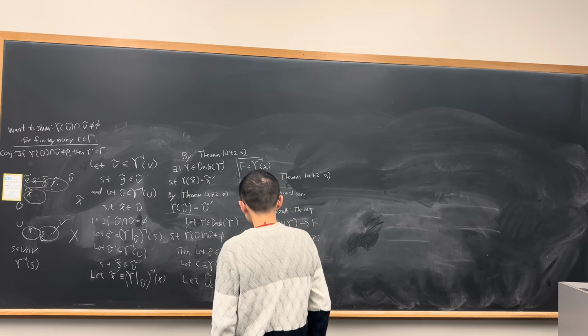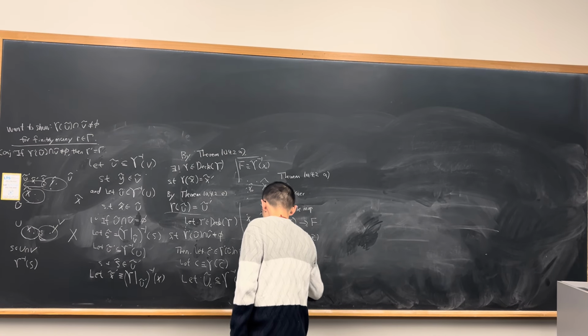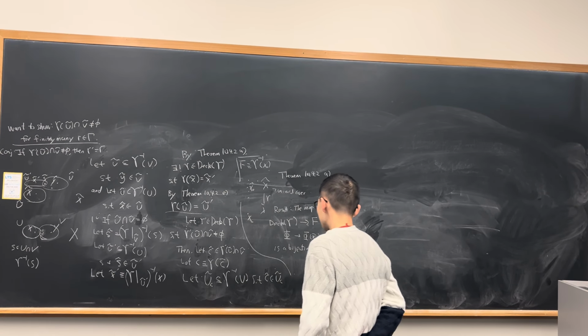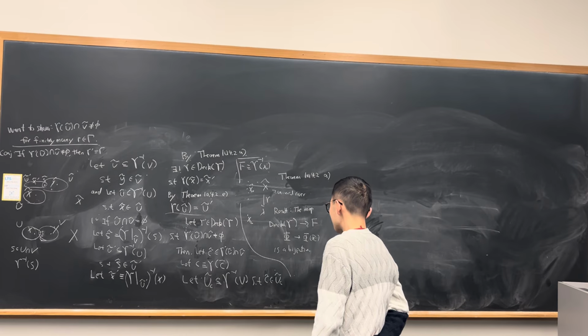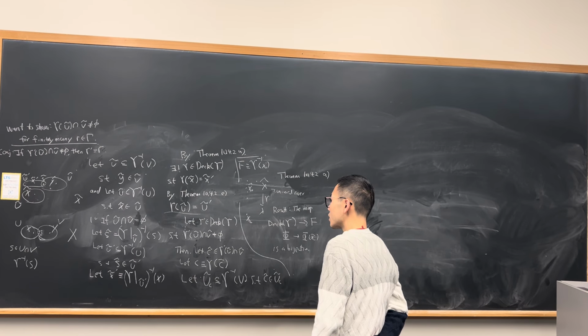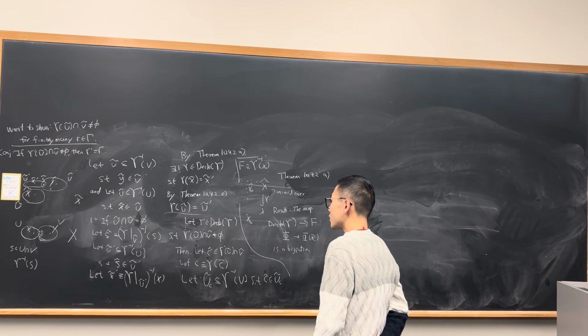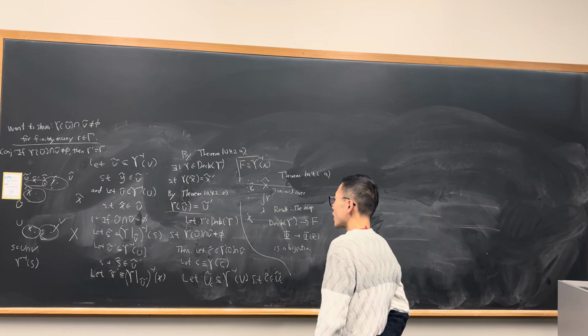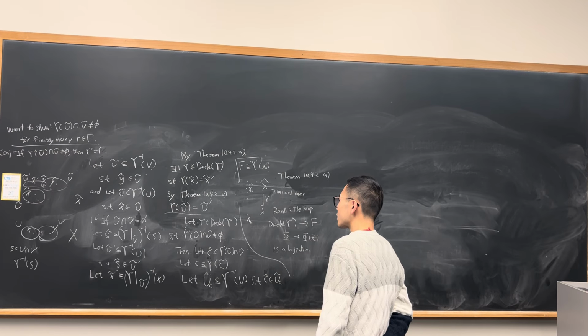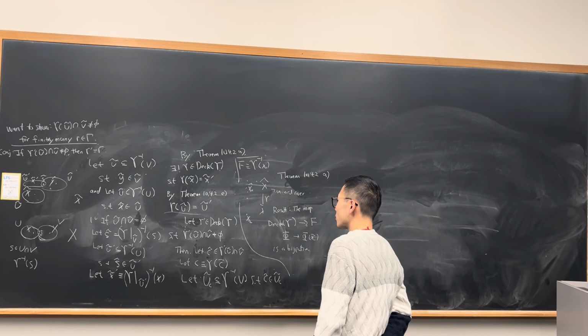What do you want to say? C is contained in that. Oh, C tilde. Okay, I want to say that this C tilde is also contained in that set, but why?